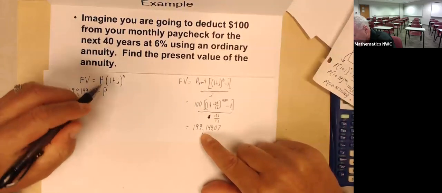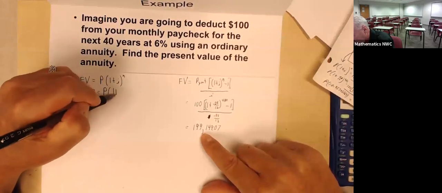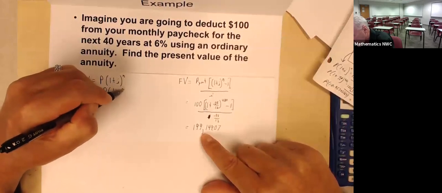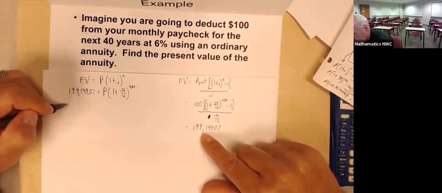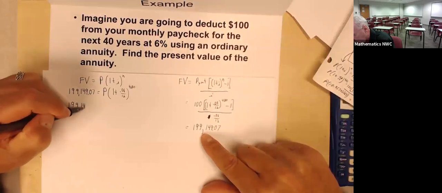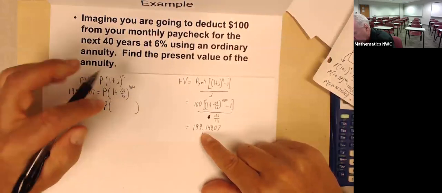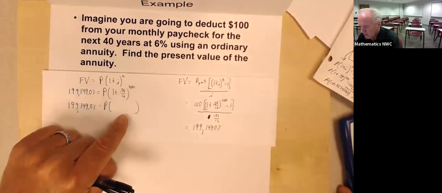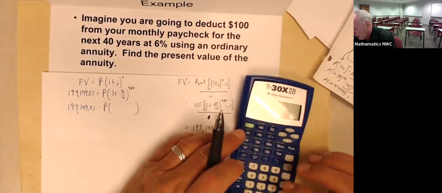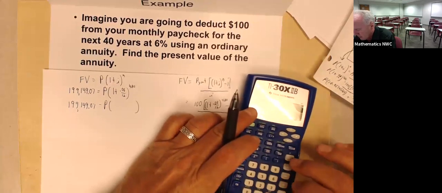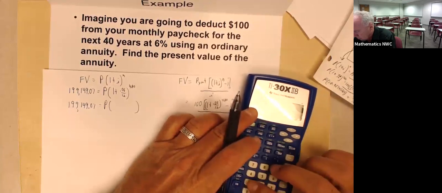What would the one-time lump sum have to be for it to be that big after 40 years? Same 6% divided by 12, same n of 480. We need to get that down into one number. So let's do that on our calculator. Clear it off. I have 0.06 divided by 12. Enter. Plus 1.